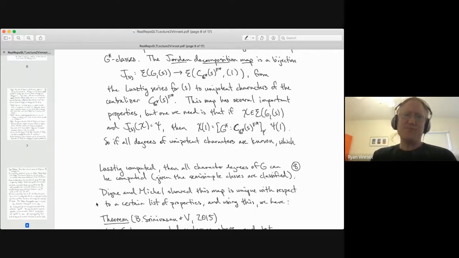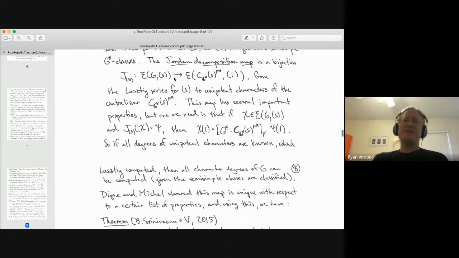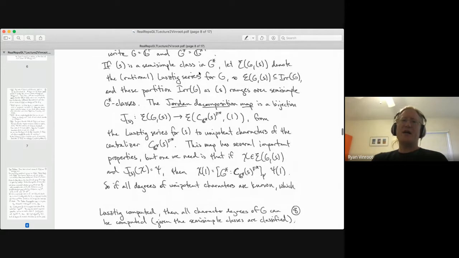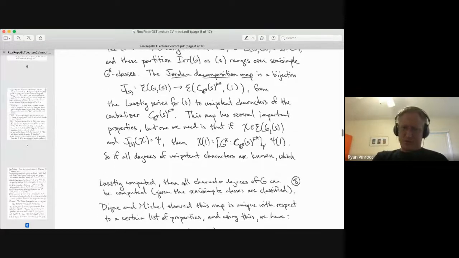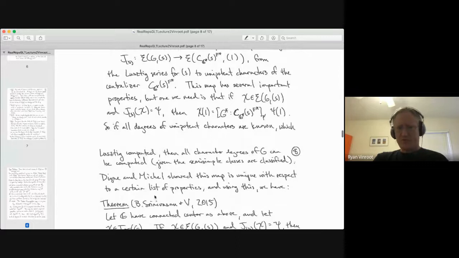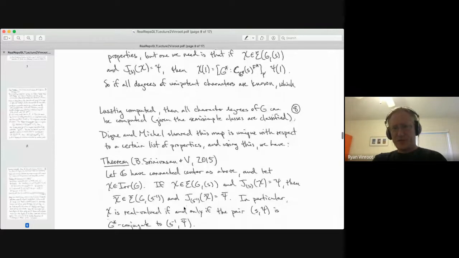This comes from Digne and Michel in a 1990 paper, who showed that when the center of our underlying algebraic group is connected, then there's a unique Jordan decomposition map with respect to a list of properties. And using this result, Bama Srinivasan and I in 2015 proved the following result.